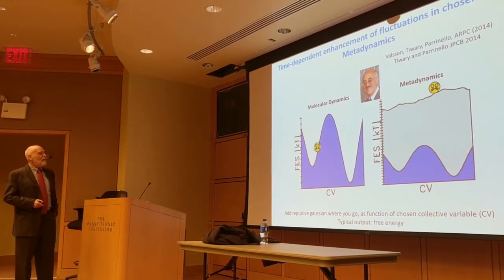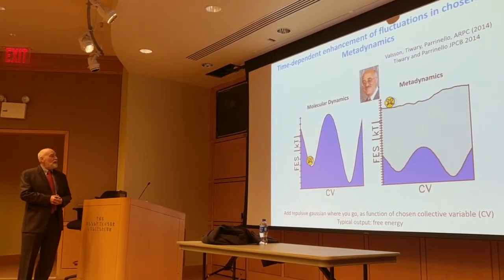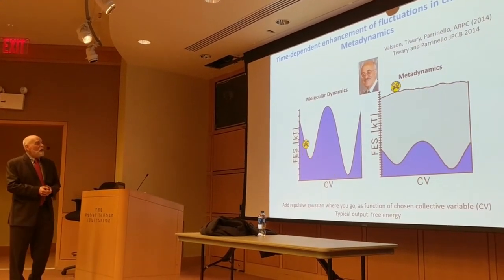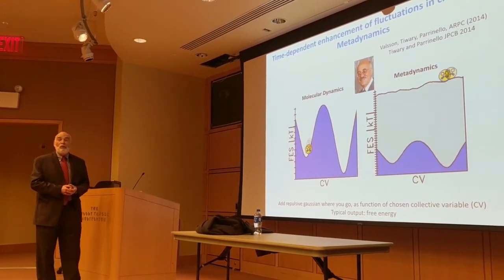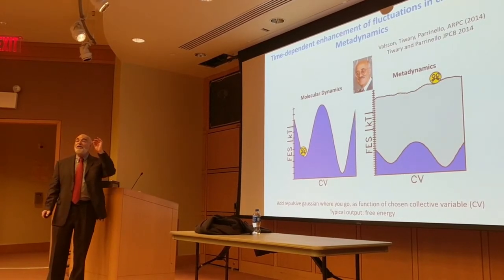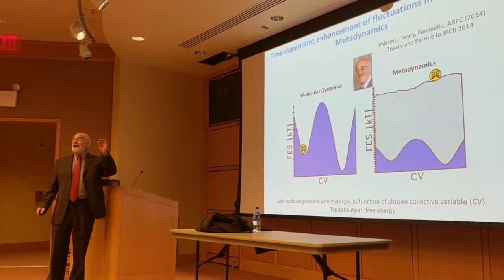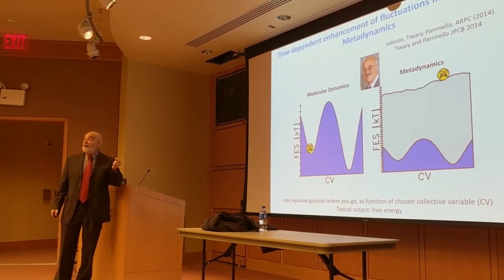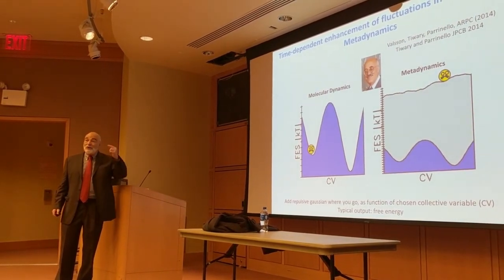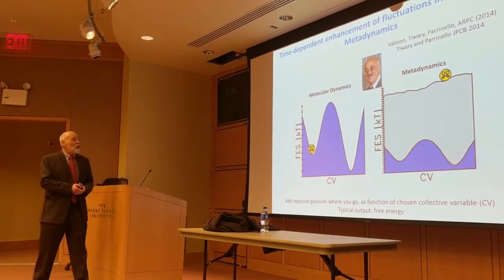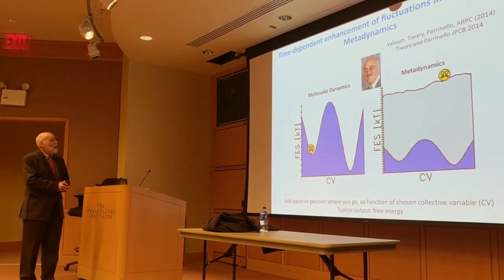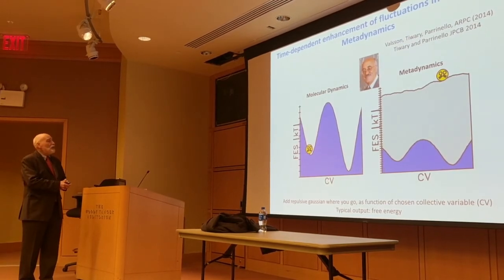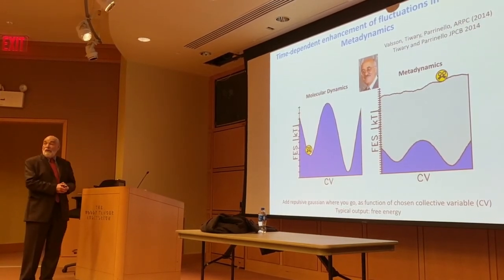But this is the trick. You'll see that pure molecular dynamics doesn't get you over there. But with metadynamics, as you visit a point, it's like you deposit a speck of sand. And at that point, it can never return there. It introduces a repulsion. And so as you're looking here, you're filling this up with those points you can't visit. And eventually, you get to the top and can go over.